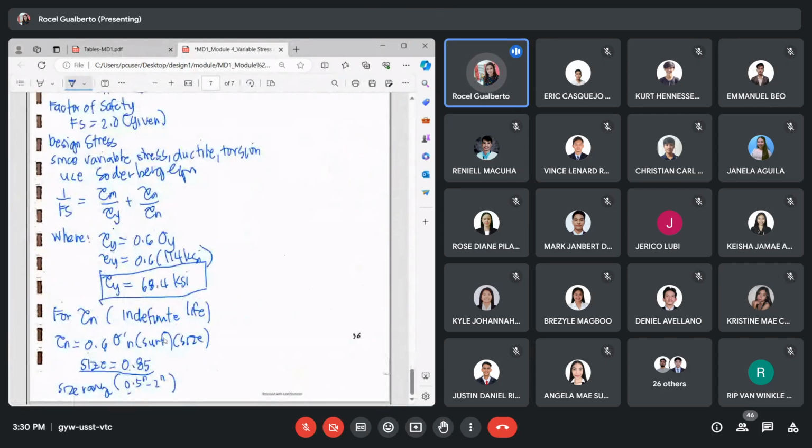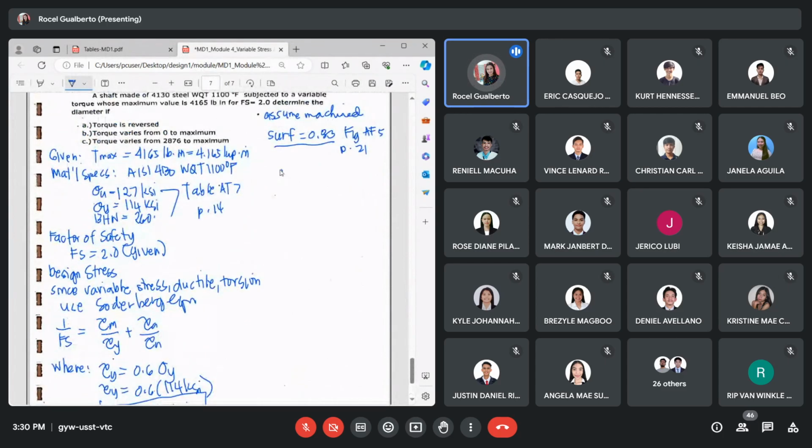Next would be yung sigma prime n. Okay? So, sigma prime n naman po, okay, that is dependent on the type or the classification of the material. Same thing with the BHN value. Okay? So, you look at the BHN, this is 260. So, BHN, less than 400. So, you use here sigma prime n equal to 0.5 of sigma u.